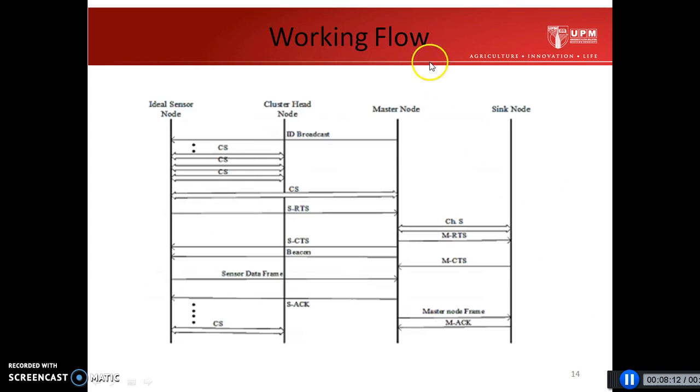Okay, this is basically the working flow. You can see how the SIG node interacts with the idle sensor. It requires a handshake using the CTS and RTS, request to send and clear to send, method.